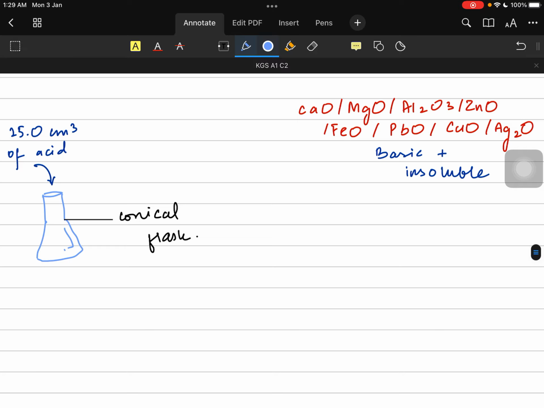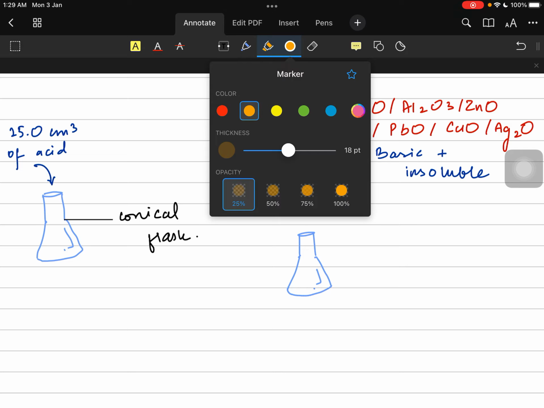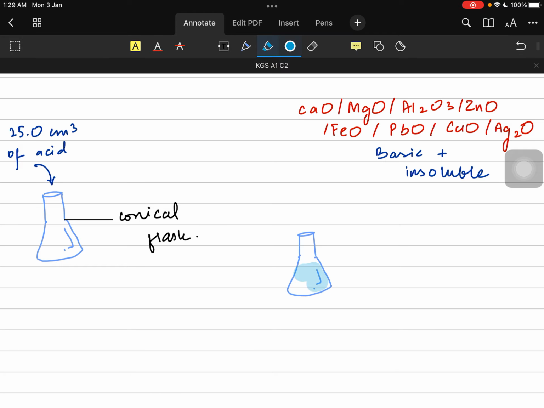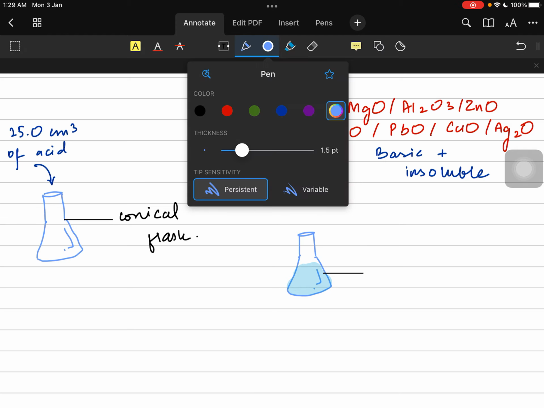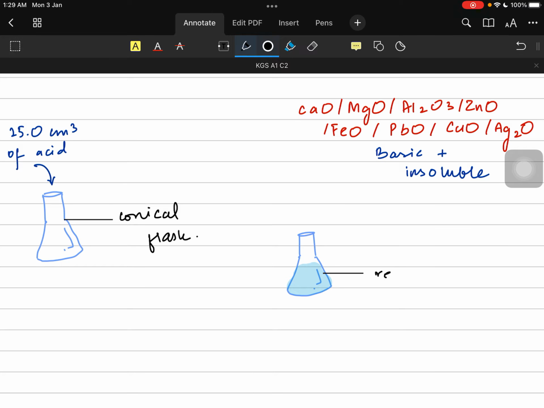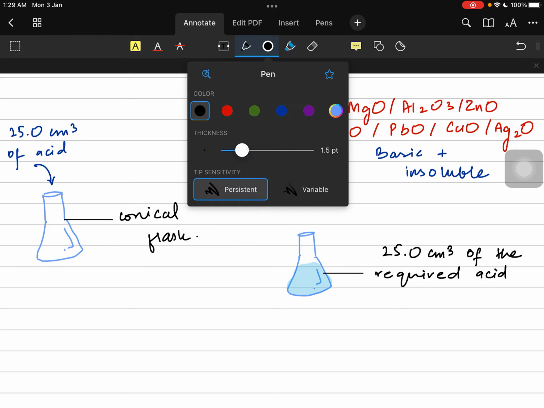So once the step 1 is done, you have your acid over here. Let's suppose I'm using some blue liquid for that. Let's label it that we have 25.0 centimeter cube of the required acid within the conical flask.